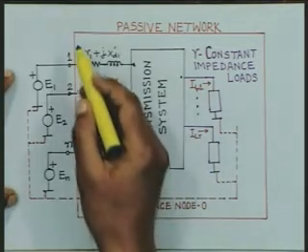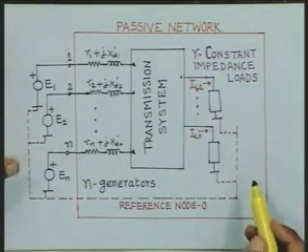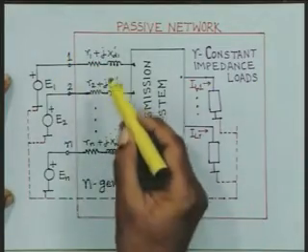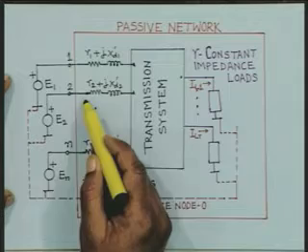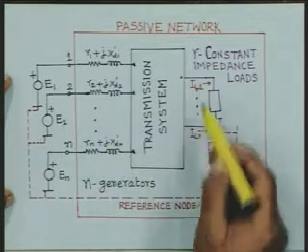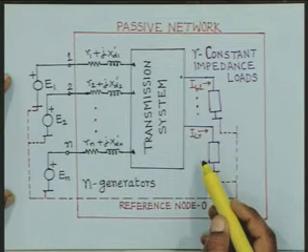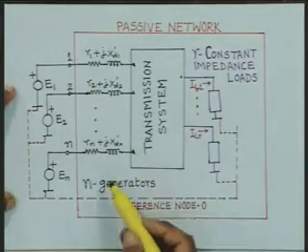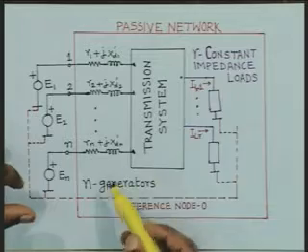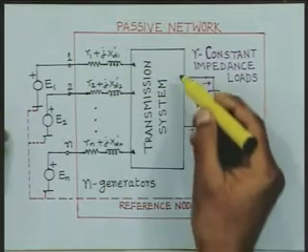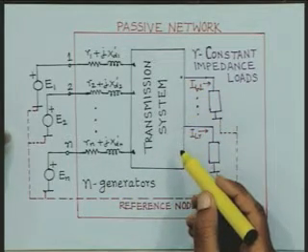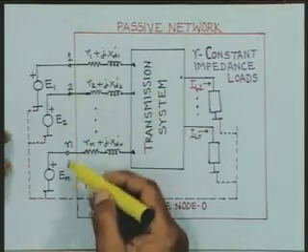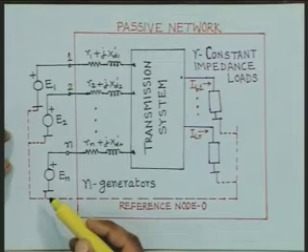Now when you perform the transient stability analysis, the Y bus matrix will be modified and obtained considering the machine impedances and these load impedances. Once you obtain this Y bus matrix accounting for the machine impedances and the load impedances, the load buses can be eliminated. And therefore, you will be left with only these n buses where the generators are connected.